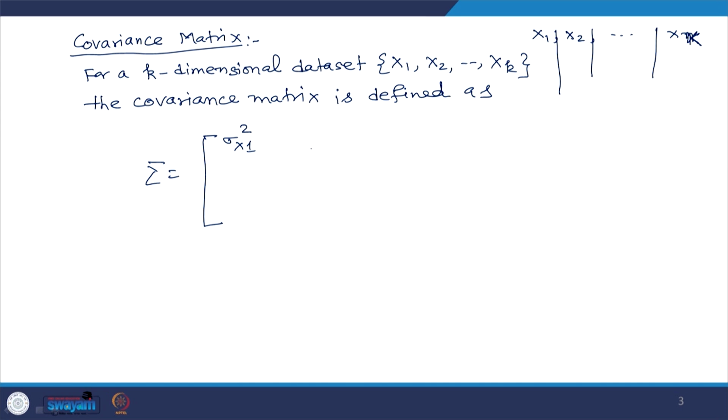the variance of data x1, means variance of this column, then covariance between first and second column, then covariance between first and third column, and in that way covariance between first and kth column.